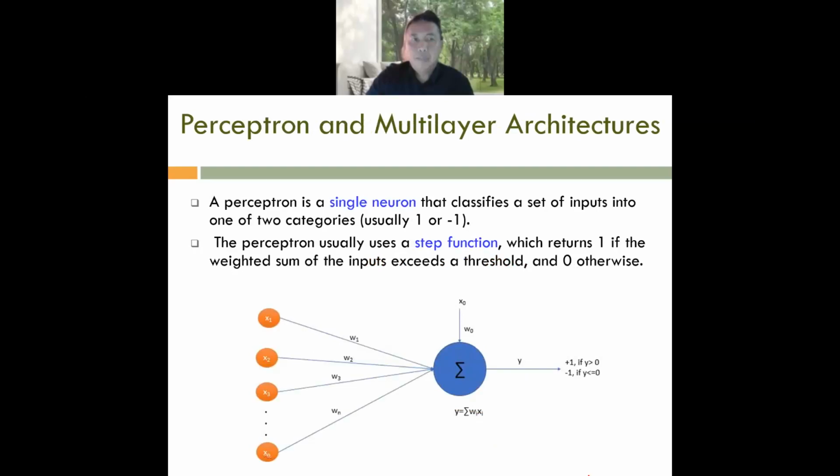Okay, we have what we call the perceptron. A perceptron is a single neuron that classifies a set of inputs into one of two categories, usually 1 or -1. This perceptron usually uses a step function, which returns 1 if the weighted sum of the input exceeds a threshold and 0 otherwise.